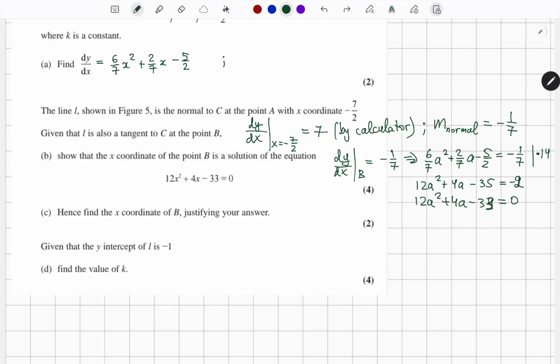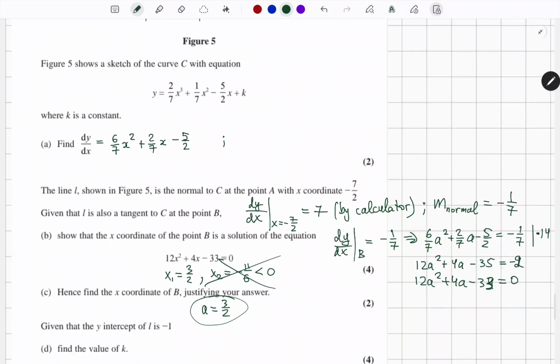So 12, 4, minus 33 are the coefficients. So x1 is equal to 3 over 2, and x2 is equal to minus 11 over 6. Minus 11 over 6 is a negative number, so it doesn't work. So a equals 3 over 2. So x equals 3 over 2 is the x-coordinate of point B.